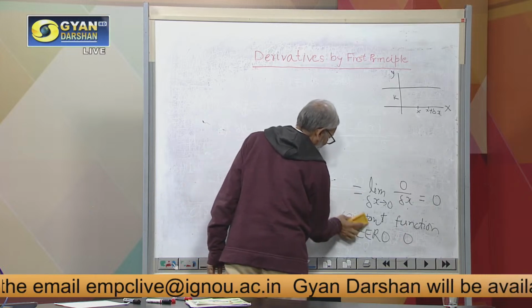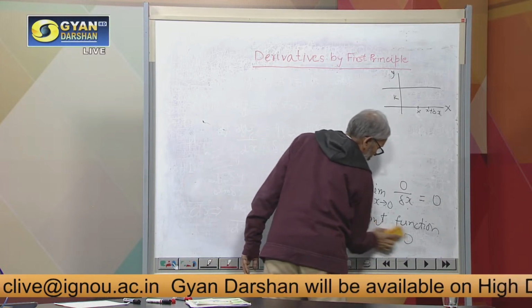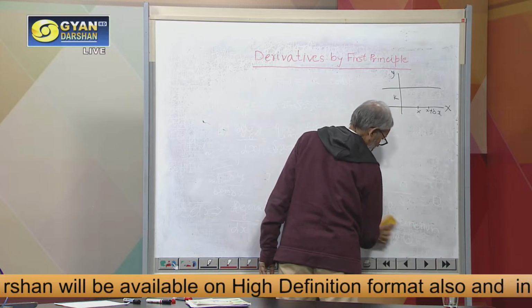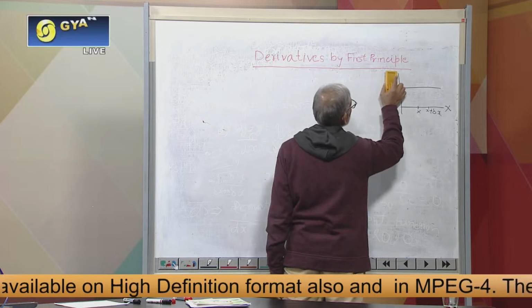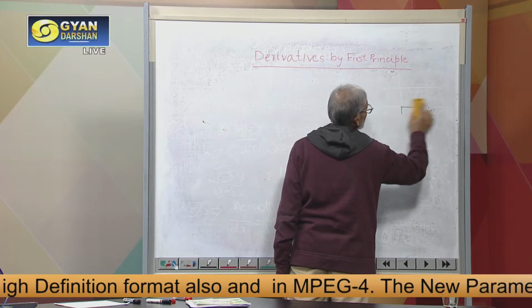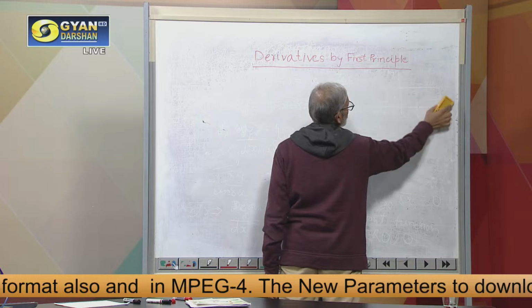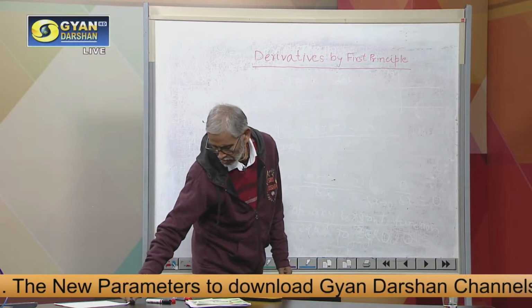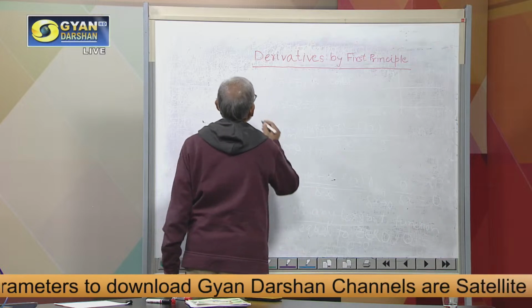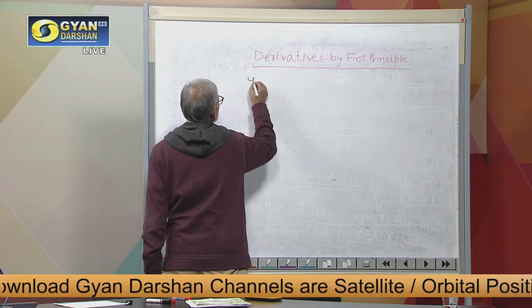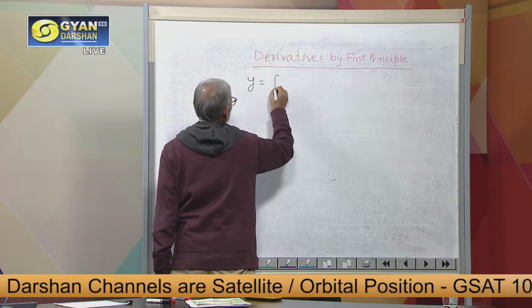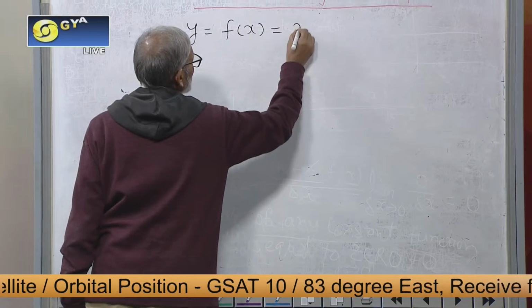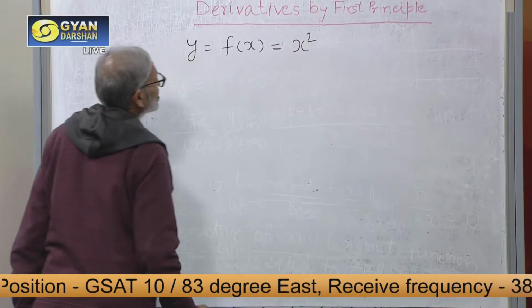Now, let us take another example. y is equal to f(x) is equal to x square. This is the function.